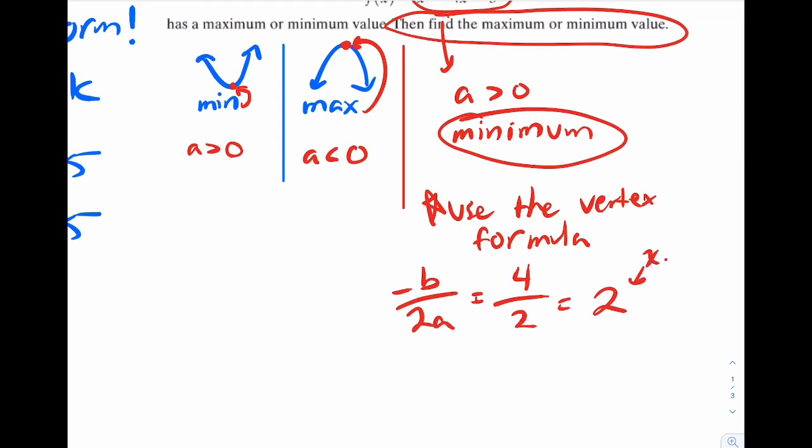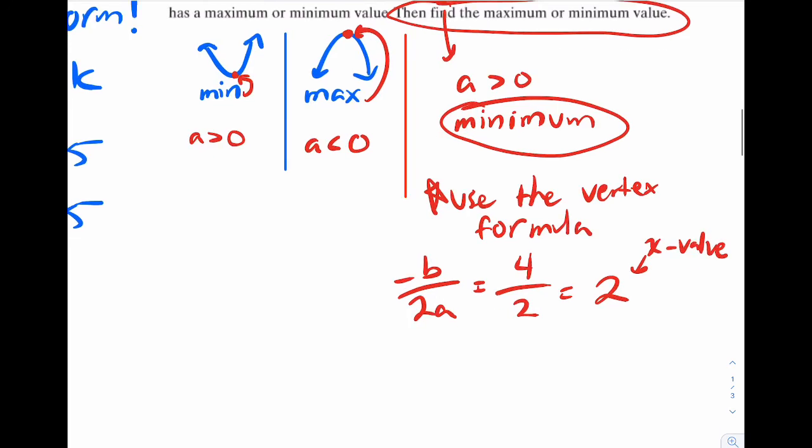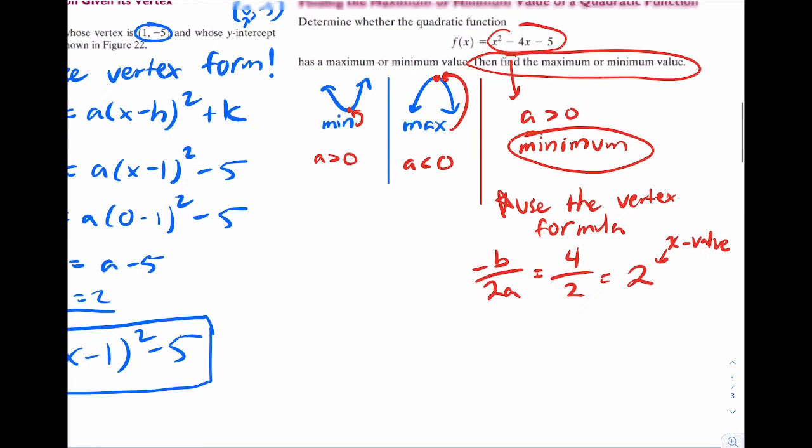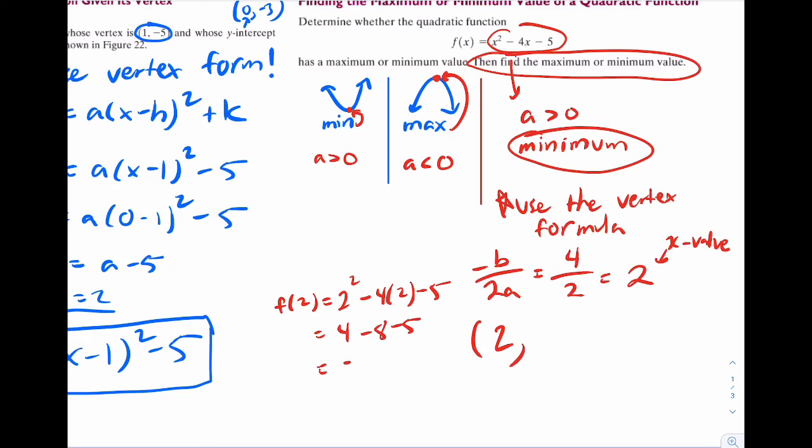Recall that this is your x value of the vertex. And all you got to do is find the y value. So 2 comma, plug in 2 right there. So that would be f of 2 is equal to 2 squared minus 4 times 2 minus 5. That's 4 minus 8 minus 5, which is -9. So the vertex is 2, -9.